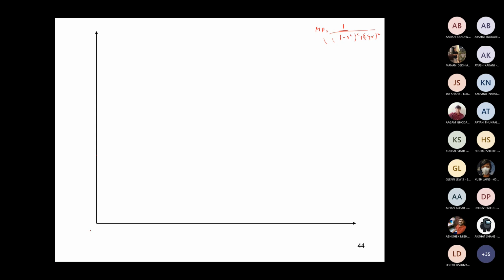So this is the frequency ratio r, and on the y-axis I plot the magnification factor. So when r is equal to 0, what is the magnification factor?